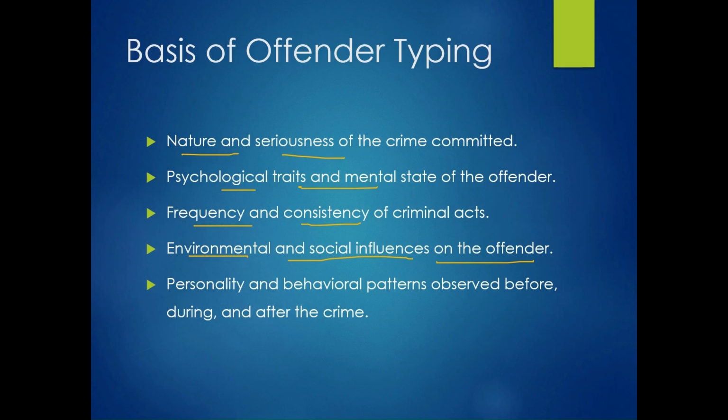Or something like family background? What was the influence that made the person commit that crime? And finally, personality and behavioral patterns observed before, during, and after the crime. How they behave before, how they behave after they have committed the crime, and also how they behave while actually committing it. All these help the psychologists and investigators to classify offenders scientifically. So, these are the bases on which different types of offenders are classified.